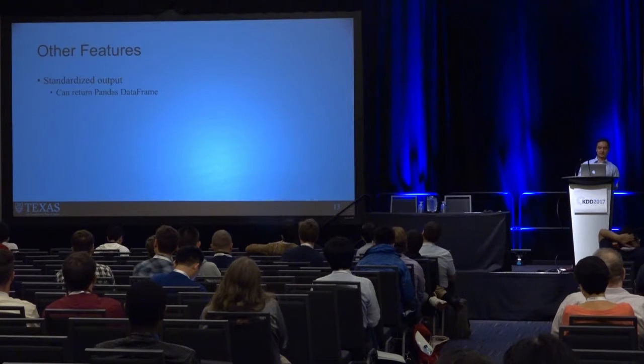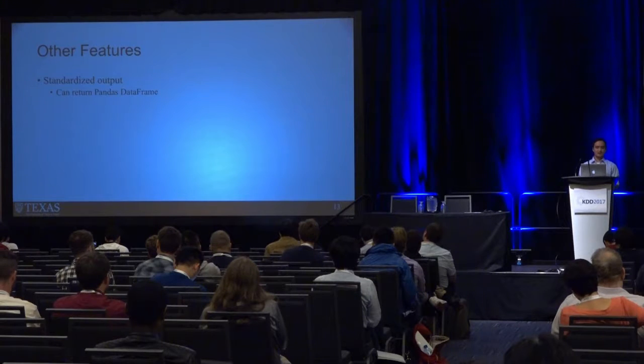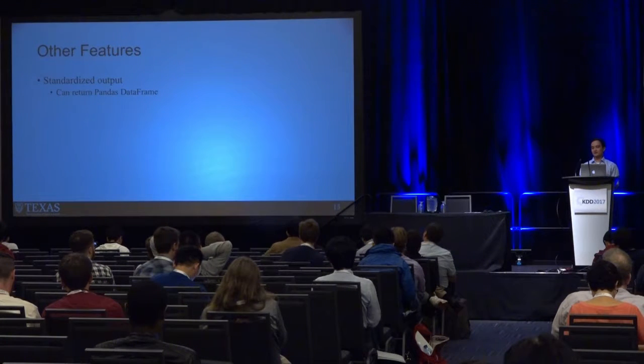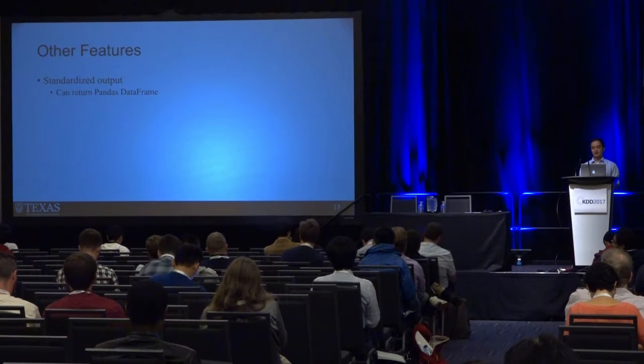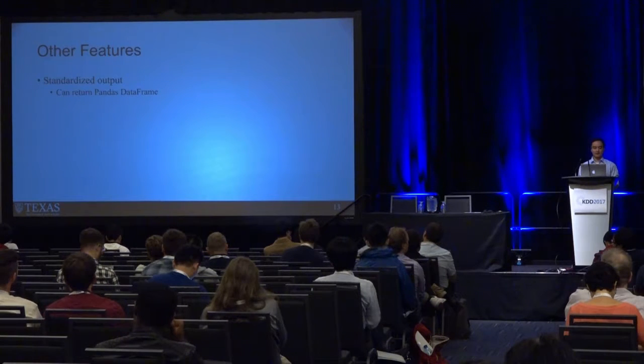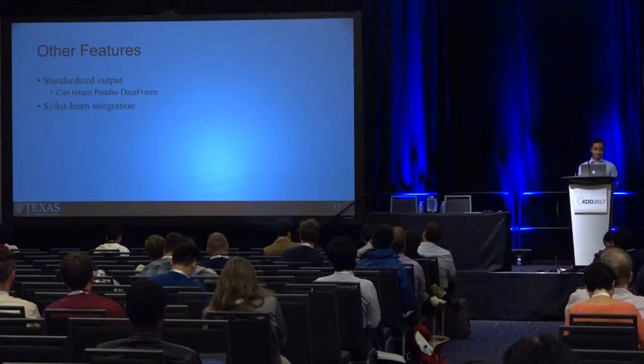Building off of that, all of our feature extractors produce this same extractor result object as a standardized output. This class contains a lot of different methods to manage and merge results across different feature types and stimulus types. It can be conveniently converted into a pandas data frame, if you're familiar with the Python data science stack, for ease of use in a pipeline.